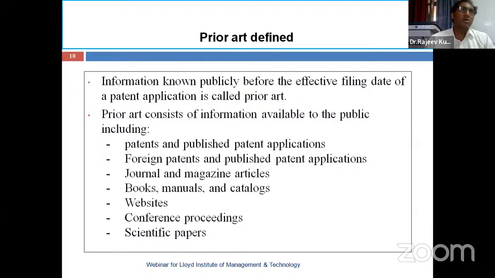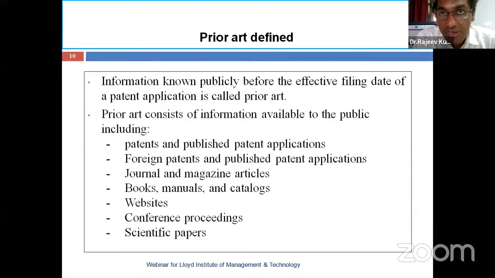While doing a prior art study, you have to be sure that you check the patents of all the countries. It is not that if you're filing in India, you only see whether someone has the same invention in India.